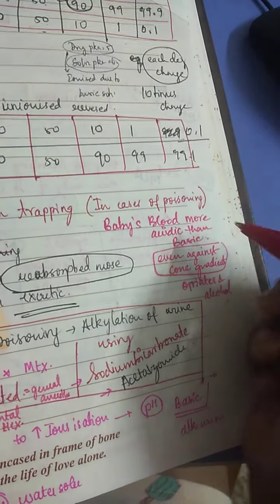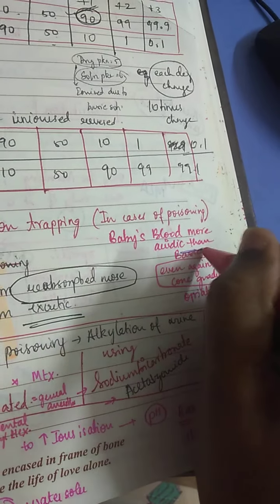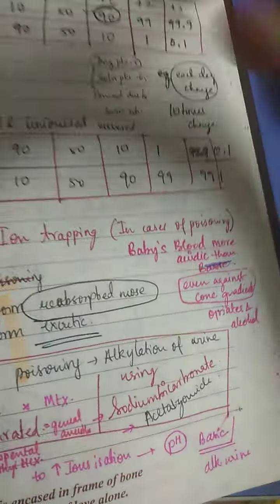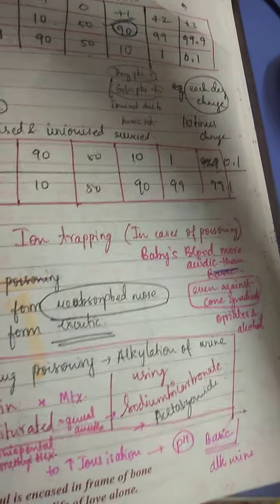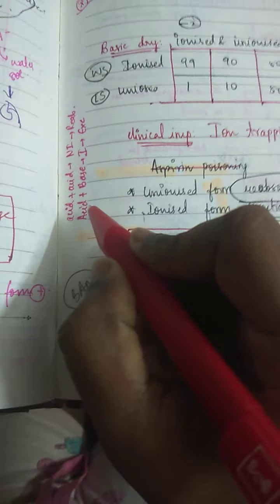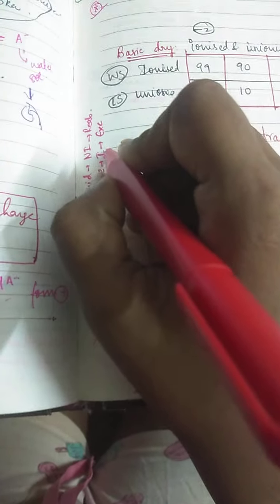So fetal blood is more acidic than the mother's blood. If you give opiates or local anesthetics, which are basic, to the mother, when they enter the baby's blood, the base and the acid will become ionized and it will be trapped.